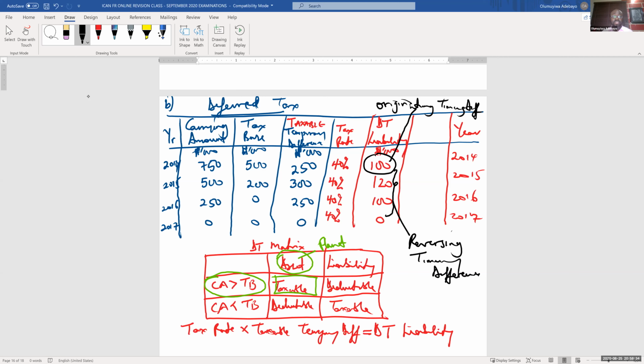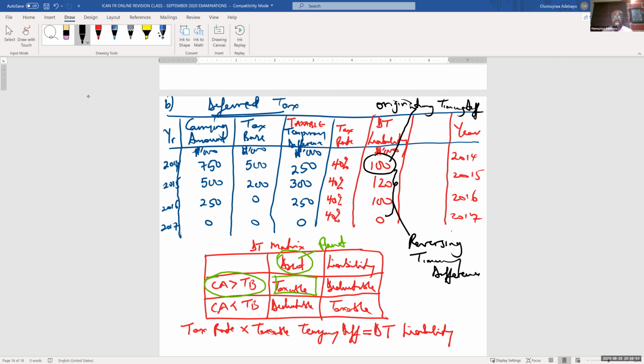But at the end of the day, you both enjoy 1 million for deduction for tax purposes and accounting purposes, but in different periods, which means invariably at the end of the day, there is no difference.